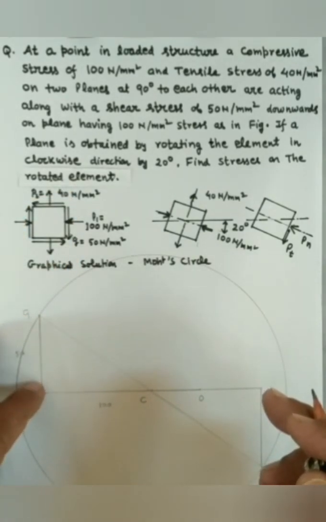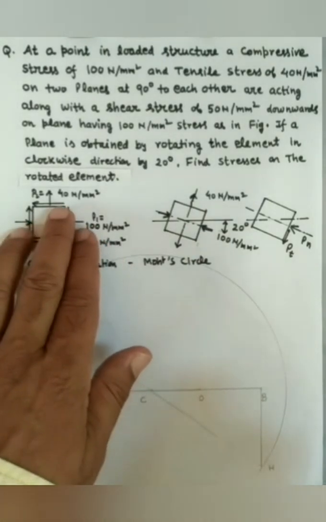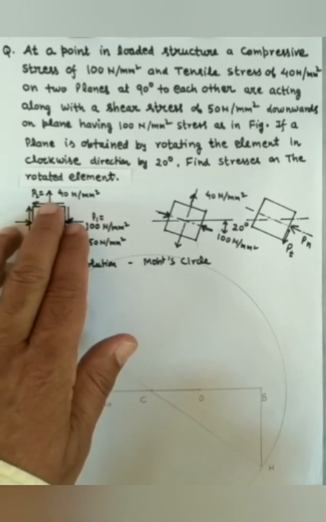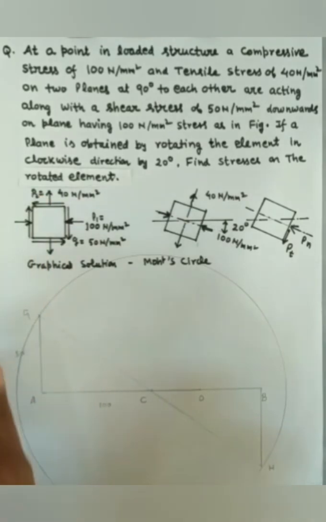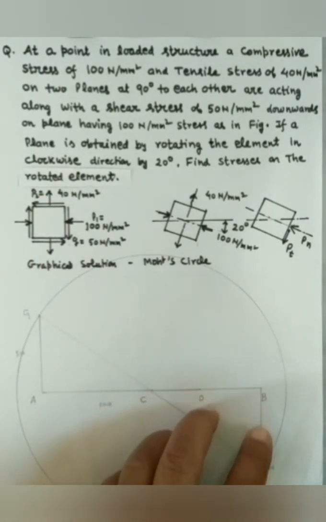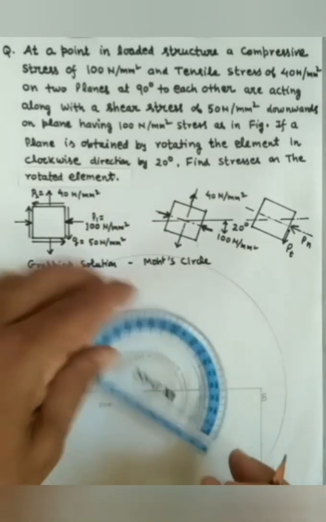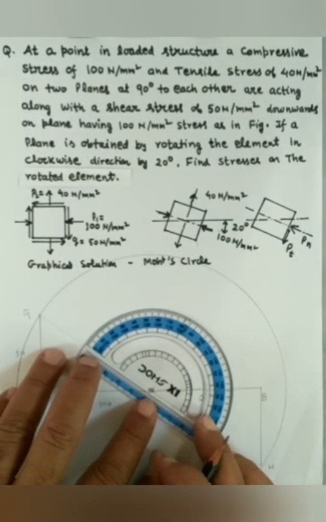The line CG represents the stress P1. The stress condition of P1 is represented by point A, and the stress condition of the vertical plane is represented by point P, which is 40 Newton per mm square.